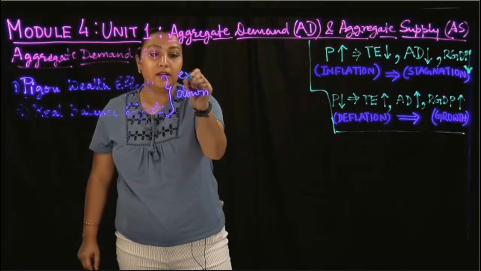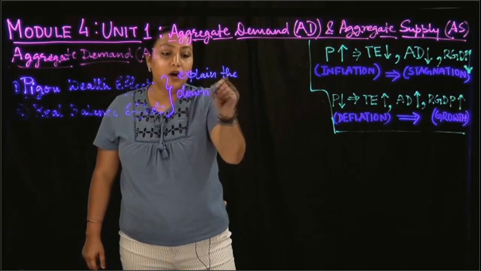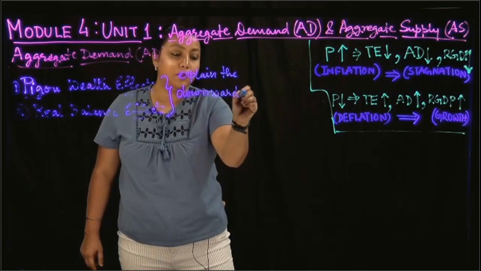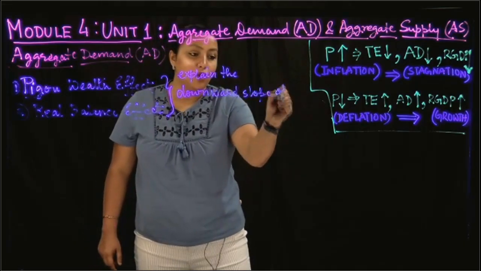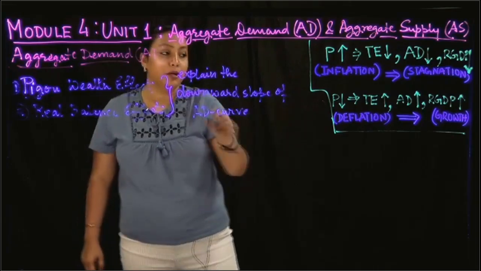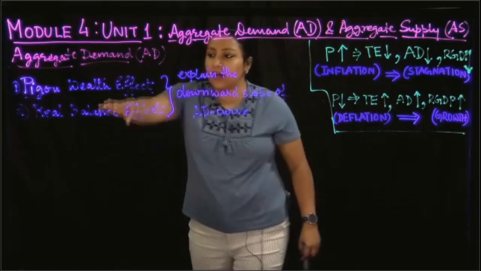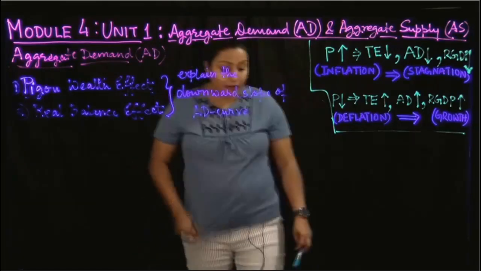These explain the downward slope of AD curve, or the inverse relationship between the price index and AD. Okay, so let us understand what is the Pigou wealth effect.